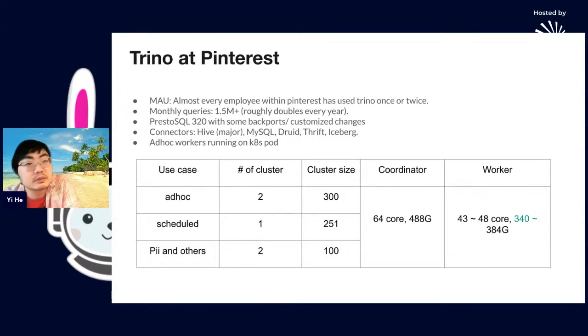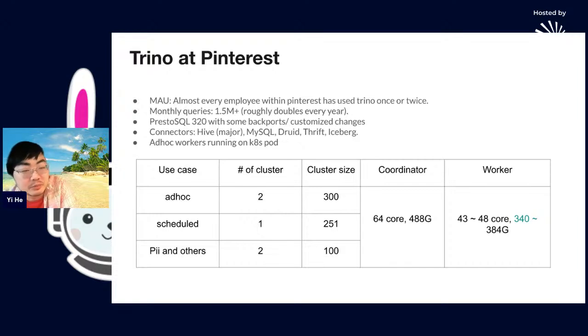So this gives you a little bit of an idea of the scale of Trino at Pinterest. The number of monthly active users is almost equal to the number of Pinterest employees. That means almost every employee within Pinterest has used Trino once or twice per month.